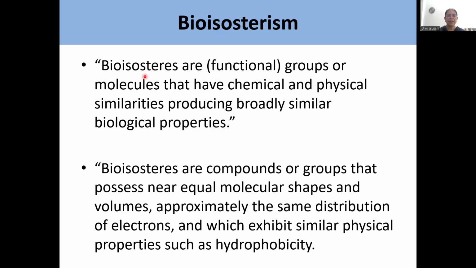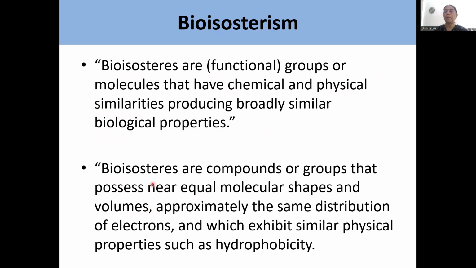Now, these are the definitions. Bioisosteres are functional groups or molecules that have same chemical and physical similarities. This word is very important. Apart from physical, there should be chemical similarities, producing broadly similar biological properties. Another definition, which includes the 3D structure: bioisosteres are compounds or groups that possess nearly equal molecular shapes and volumes.